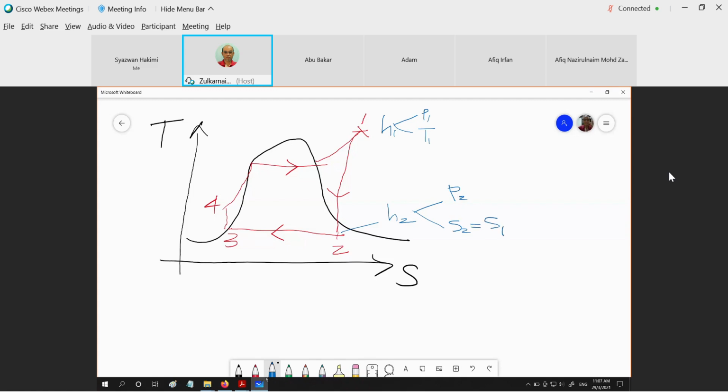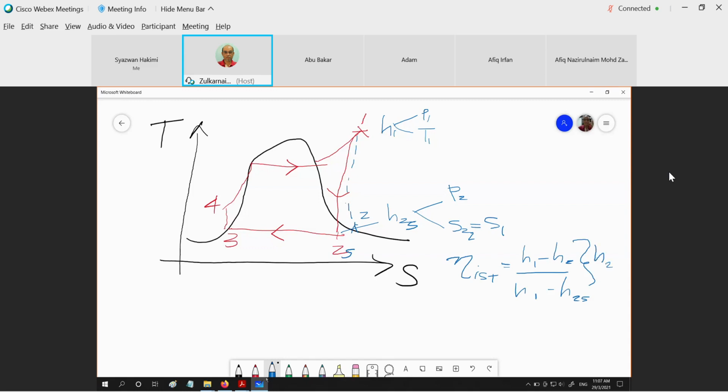Right? If we have isentropic efficiency, this becomes 2S, and this becomes state 2. So from P2, S2S is equal to S1, we are going to have H2S. But if we are involving the isentropic efficiency for the turbine, which is equal to H1 minus H2 divided by H1 minus H2S, then from this equation we are going to have our H2.